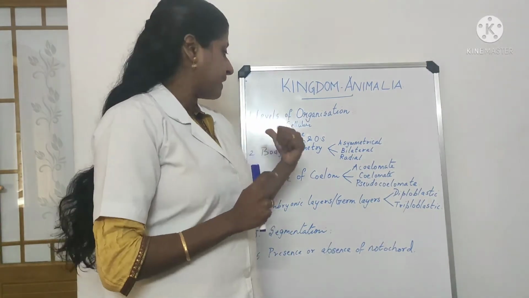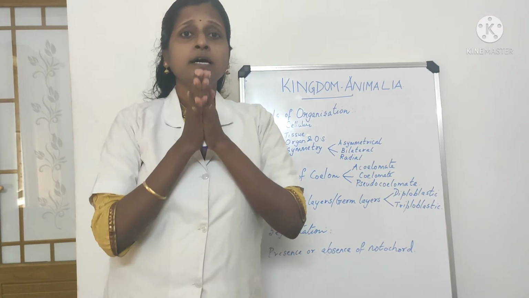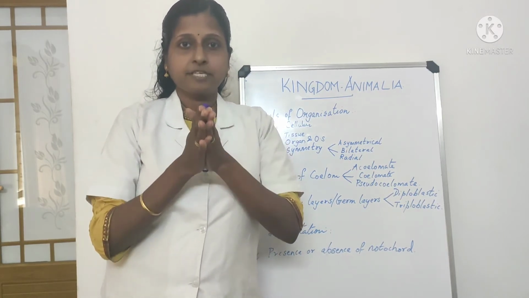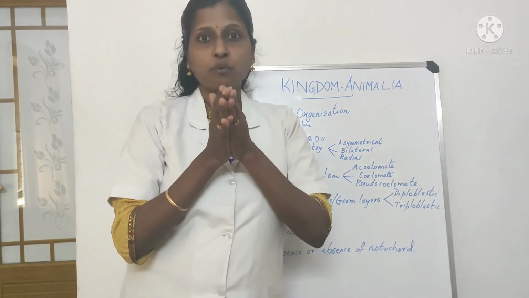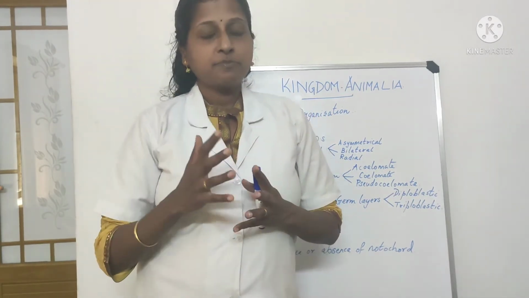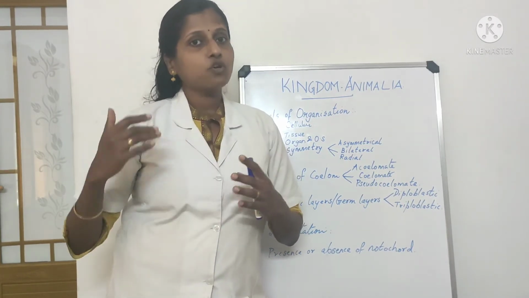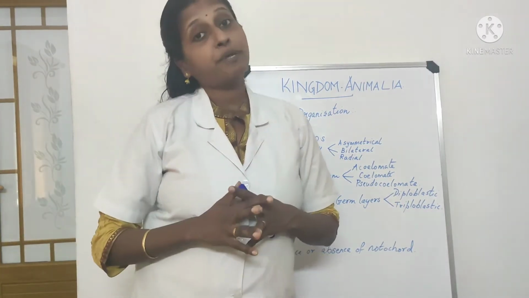Then we moved on to the second criterion, that is body symmetry. Body symmetry means whether you can divide your body into two equal halves. If you can divide, you have symmetry, and if you cannot, then the symmetry is not there. So we saw some animals are asymmetrical. What do you mean by asymmetrical?